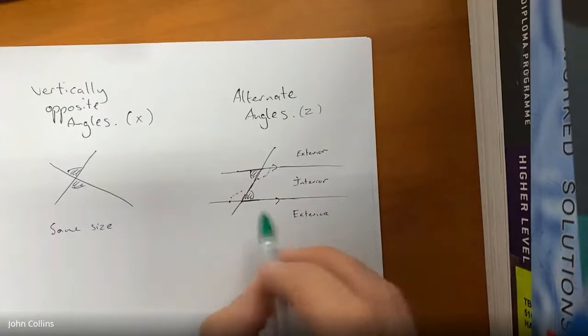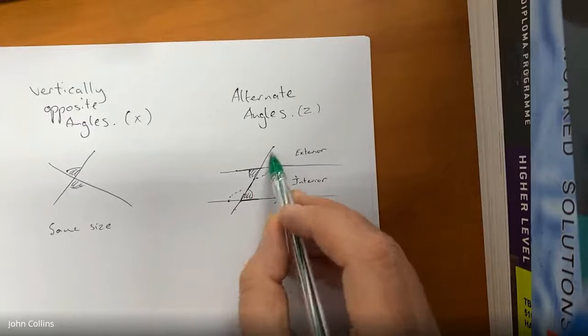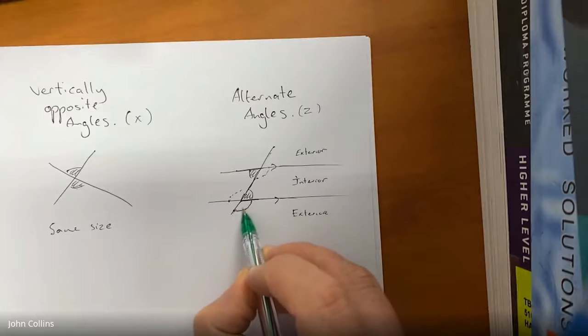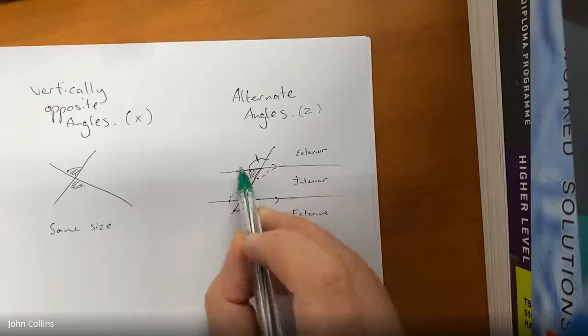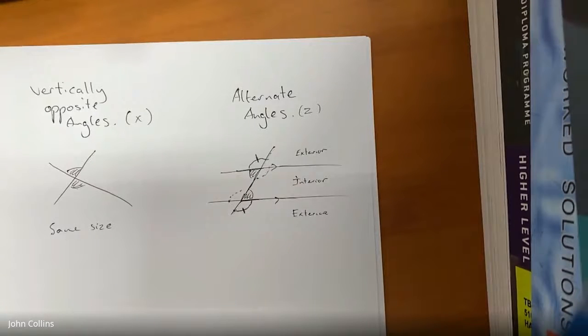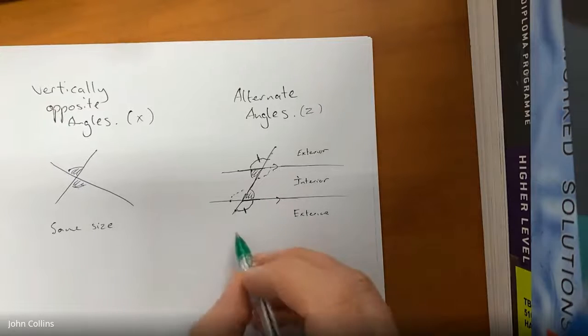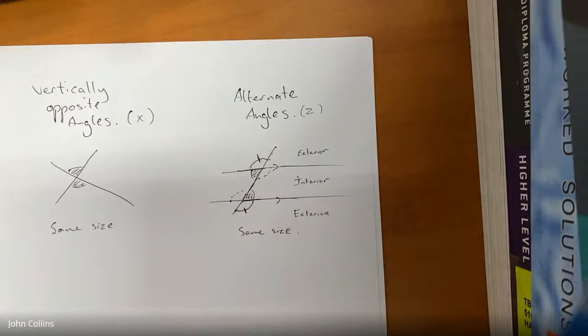So the exterior alternate angles then, I kind of don't really form the Z anymore, but just think alternate sides of this transversal. So this is here, and its buddy would be up here on the other side of the line on the top set of angles. So they are alternate angles, and they are the same size once you have alternate sides of that line.